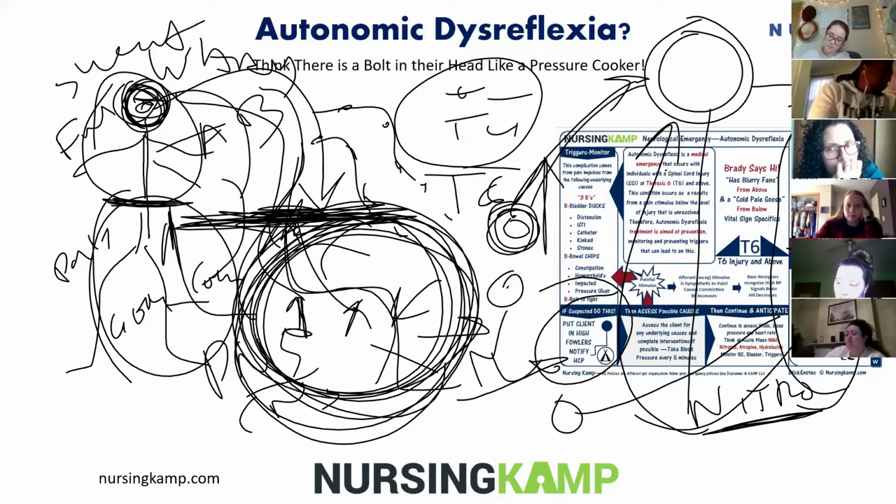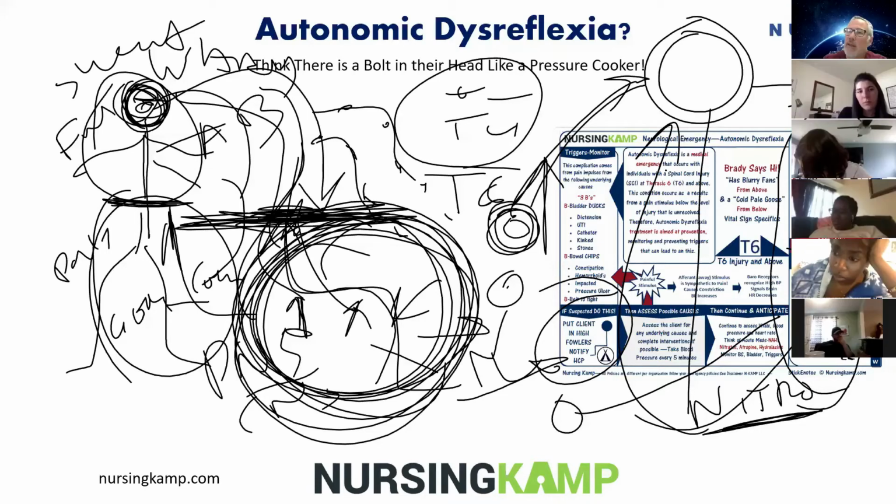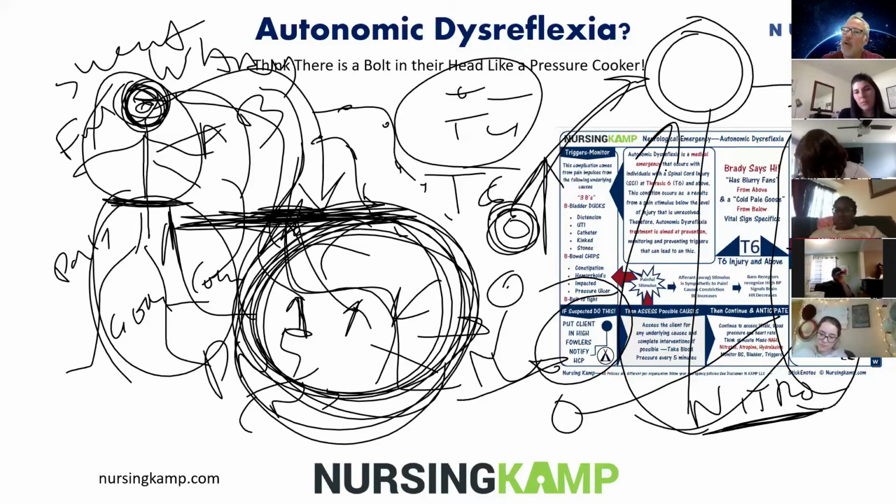No, the fact is you do it to prevent autonomic dysreflexia. It's necessary. Same thing with catheters. You're doing it to prevent autonomic dysreflexia. So with this condition, it's always about prevention, right? But sometimes you can't prevent it.